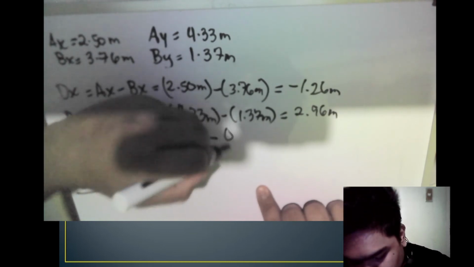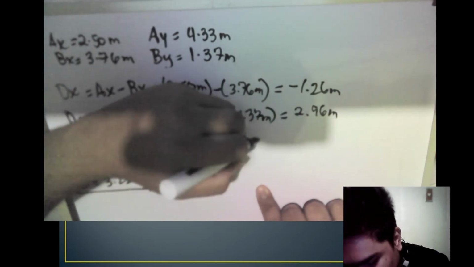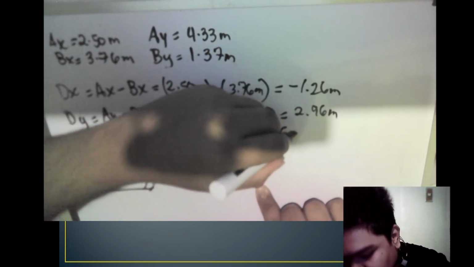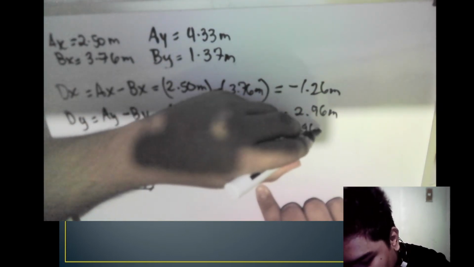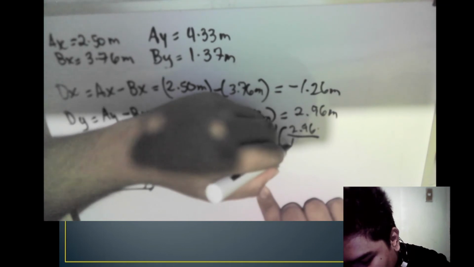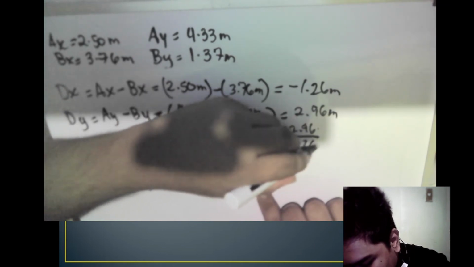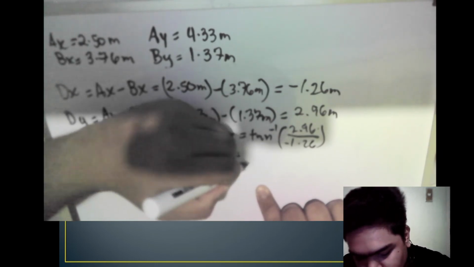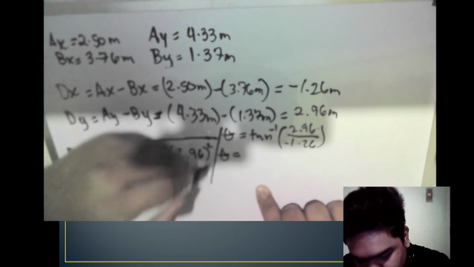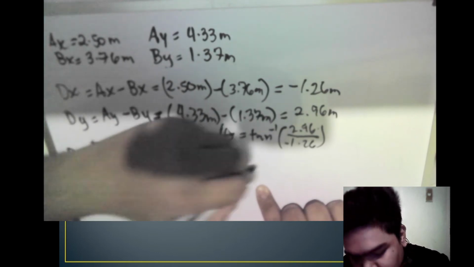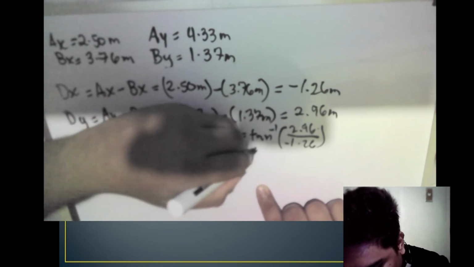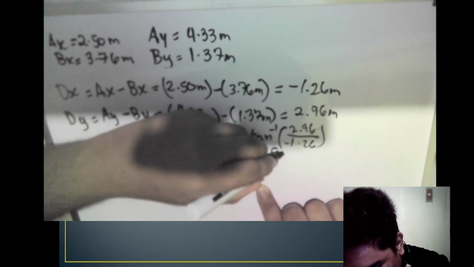Now we will get the value of direction. So it is theta equals to inverse tangent of 2.96 meters all over negative 1.26. So the answer would be theta is equals to negative 66.9 degrees.